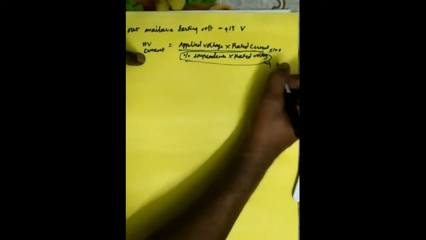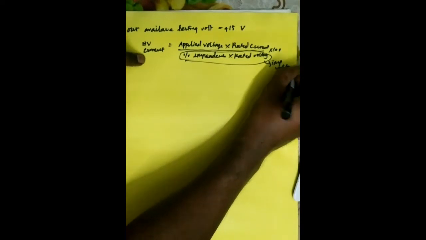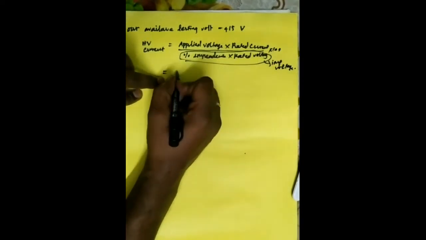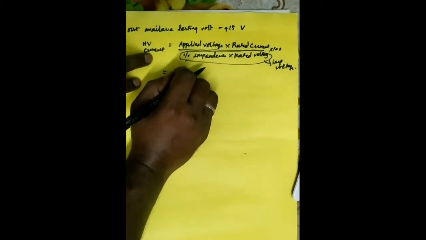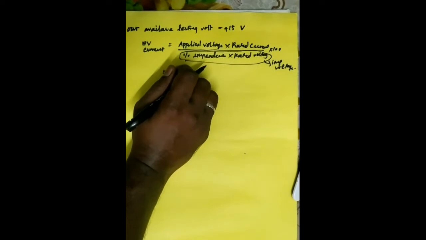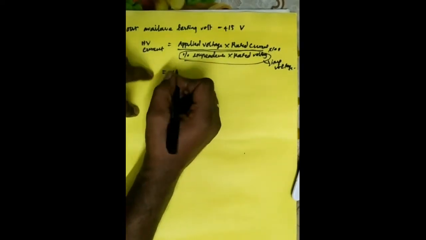This is nothing but impedance voltage. So we are going to apply 415 voltage. So applied voltage, don't confuse with this. I have written here HV current. Before we have found out HV full load current of the transformer.